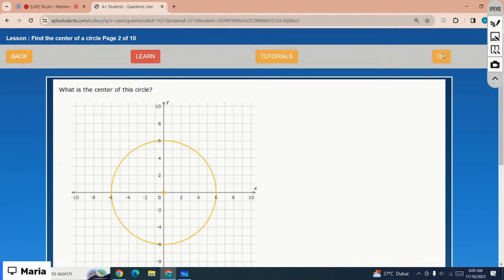Okay, what is the center of the circle? So which is the correct option? Yes, the center of the circle is the origin. 0, 0 it is, right? The correct option is 0, 0.